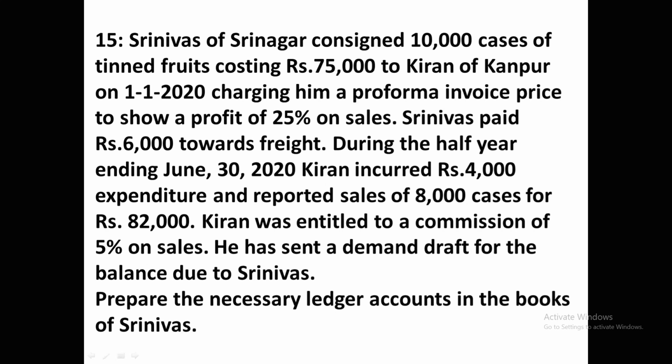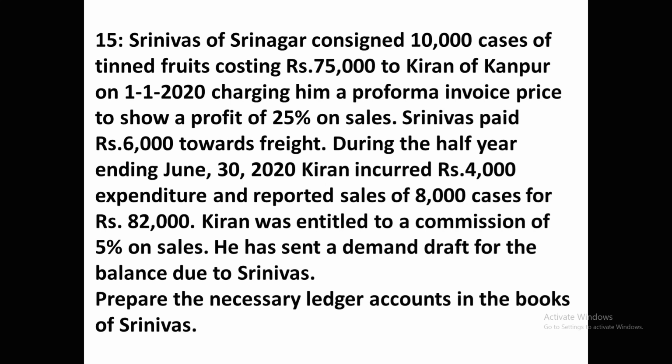Srinivas of Srinagar consigned 10,000 cases of tinned fruits costing 75,000 rupees to Kiran of Kanpur on 1st January 2020, charging him a pro forma invoice price to show a profit of 25% on sales. Srinivas paid 6,000 rupees towards freight.